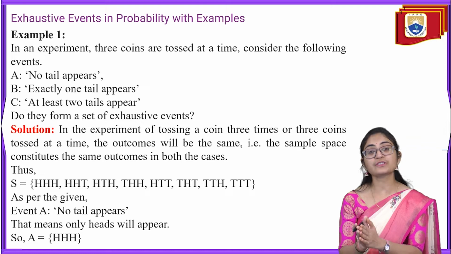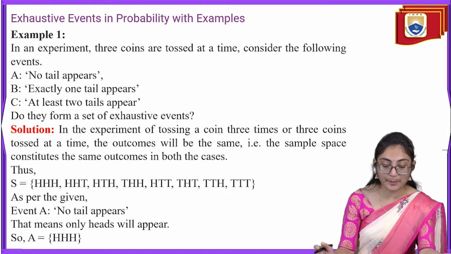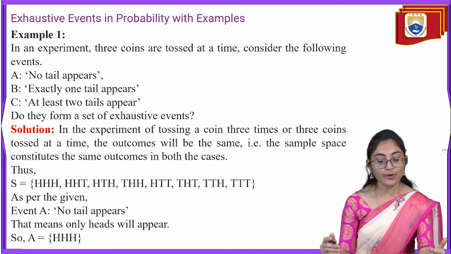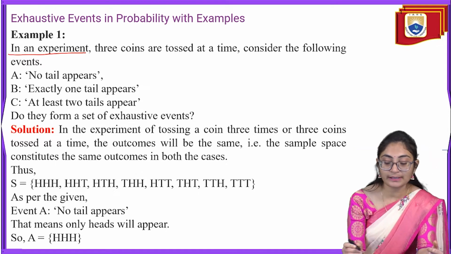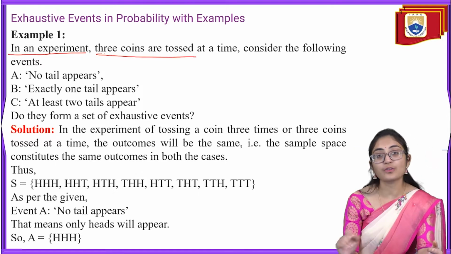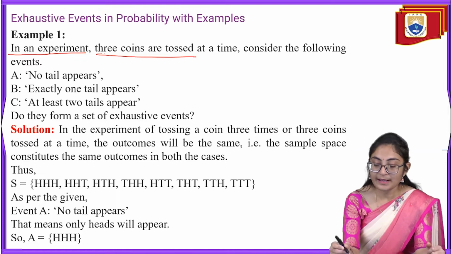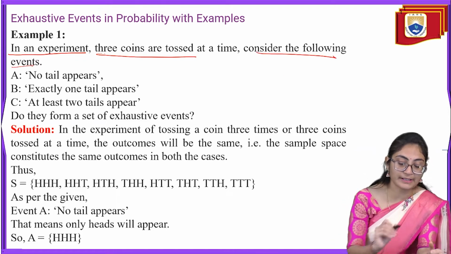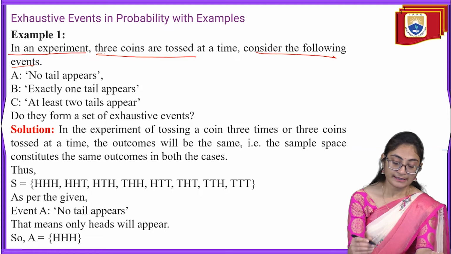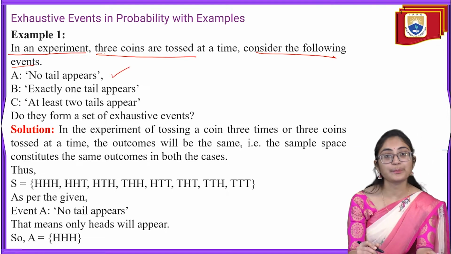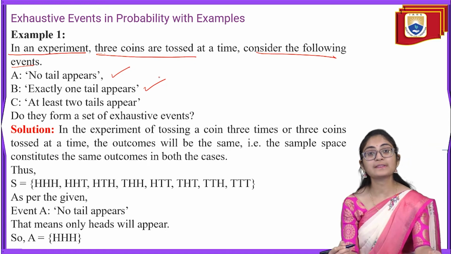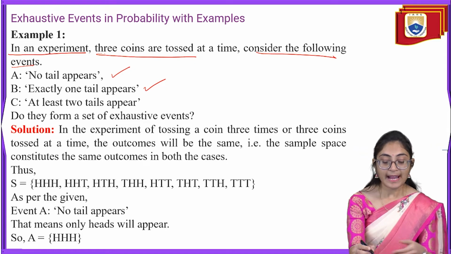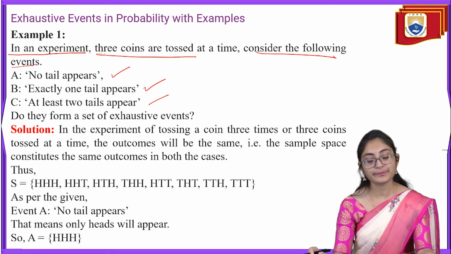Now, exhaustive events in probability with an example. In an experiment, 3 coins are tossed at the same time. Consider the following events: A, no tail appears; B, exactly 1 tail appears; C, at least 2 tails appear.